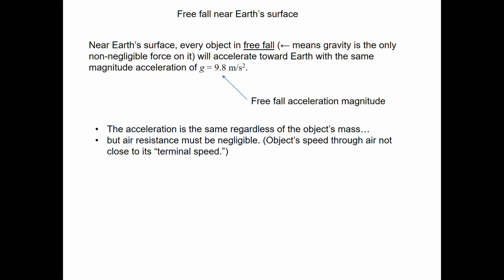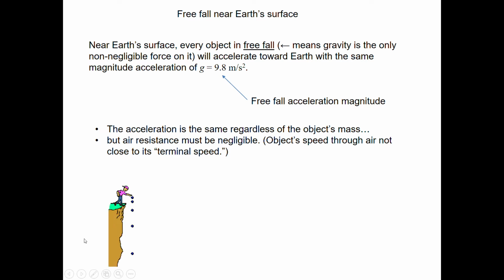Certainly for most kinds of balls, we would expect them to behave that way, or rocks or things like that. If I drop a plastic bag or something like that, it's certainly not going to fall at the same rate as a ball. So in there, air resistance would be an important force for that plastic bag. But usually it'll be pretty clear from the context whether we're talking about things where air resistance is negligible.